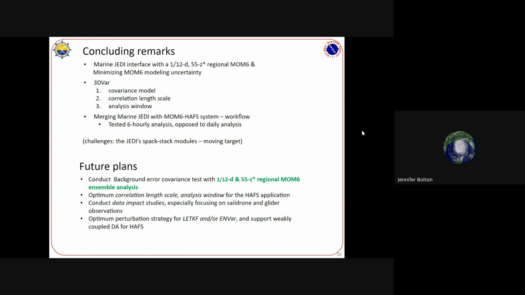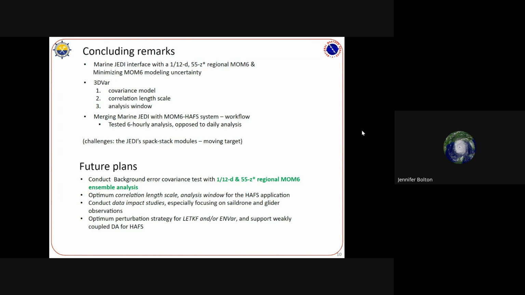And then the future plan. Conduct the background error: we have ensemble MOM6 high resolution output available in order to provide the error covariance for Shugang's plan. So we want to use this one, expecting better analysis because we are using consistent background errors.